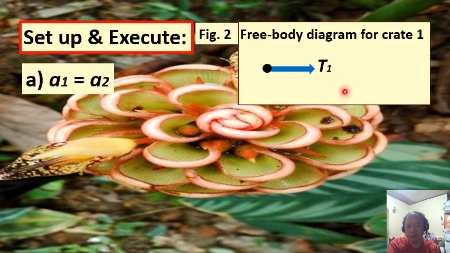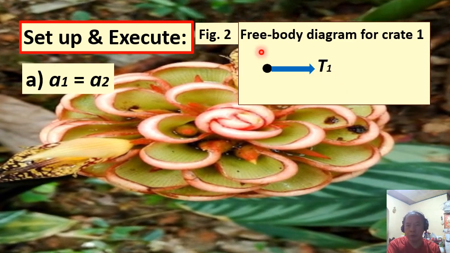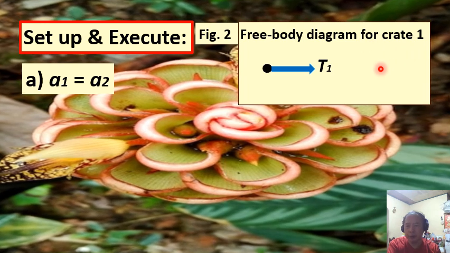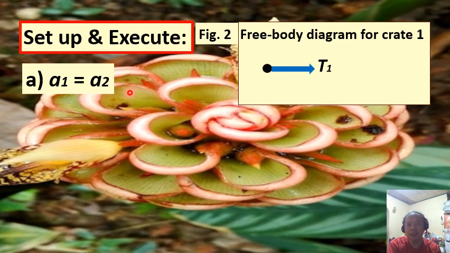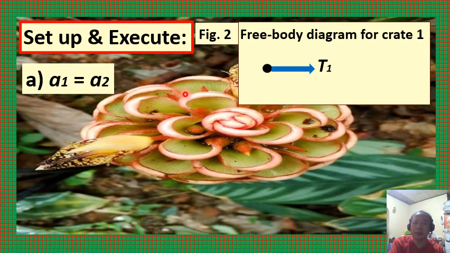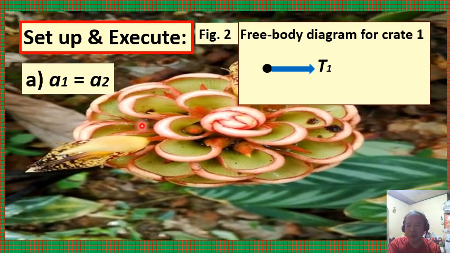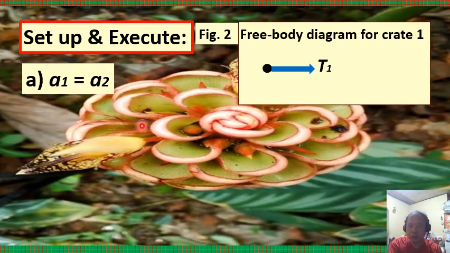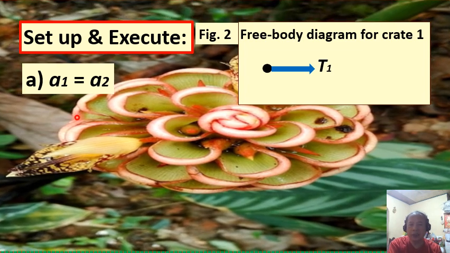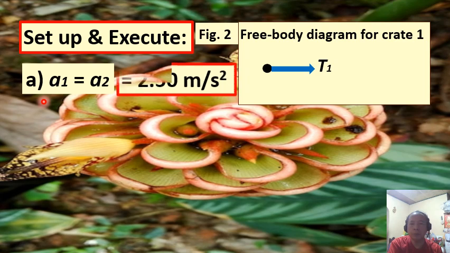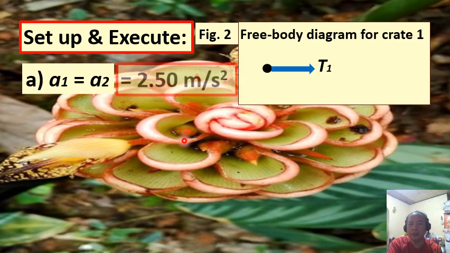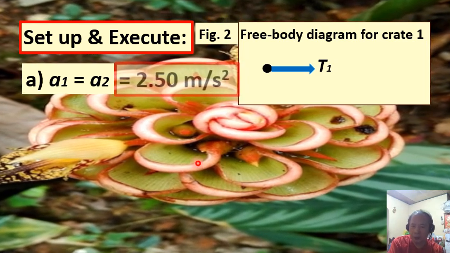In a little while, we'll also show the free body diagram for crate number 2. Since the acceleration of crate number 2 is already given in the question, that will also be the acceleration of crate number 1, or a sub 1, equal to 2.50 meters per second squared as given in the question.